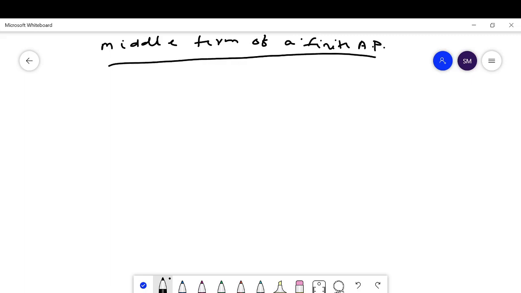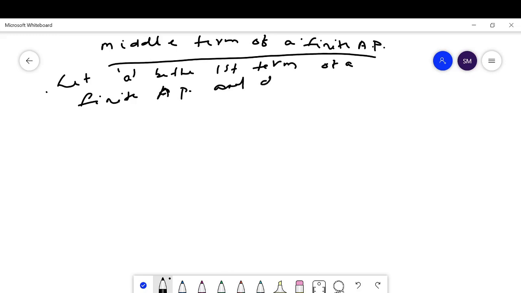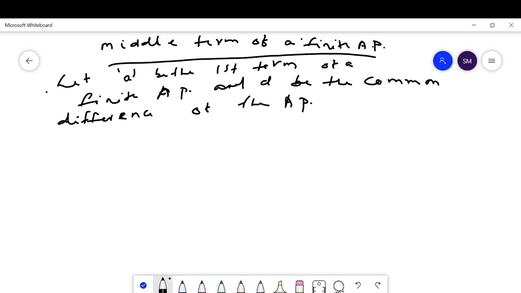Let there be a finite AP with first term a, and d be the common difference of the AP.